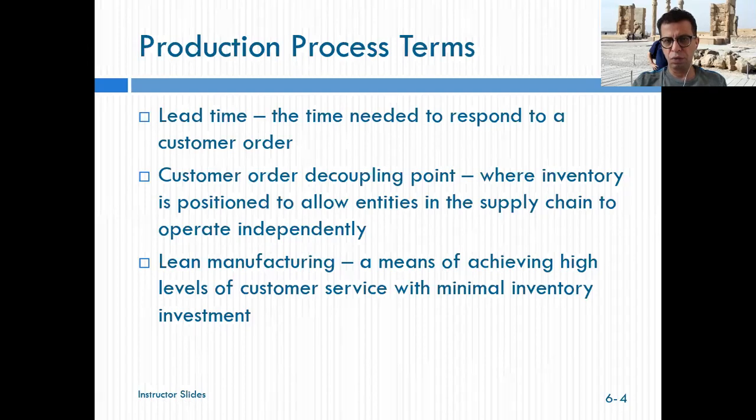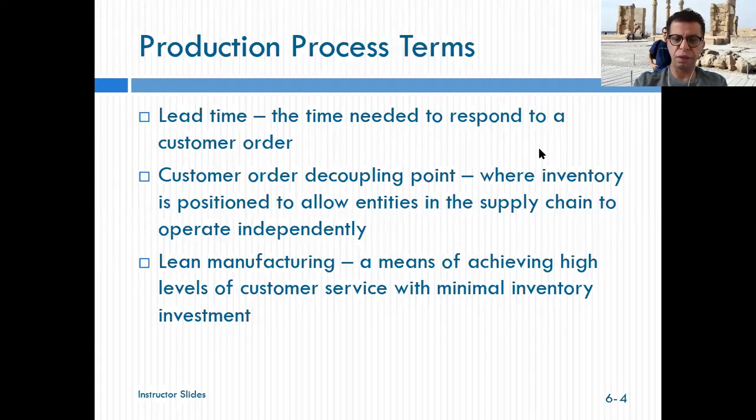The customer order decoupling point is where the inventory is positioned, allowing the entities in the supply chain to operate independently. So the inventory is already in a situation where they can supply this product.